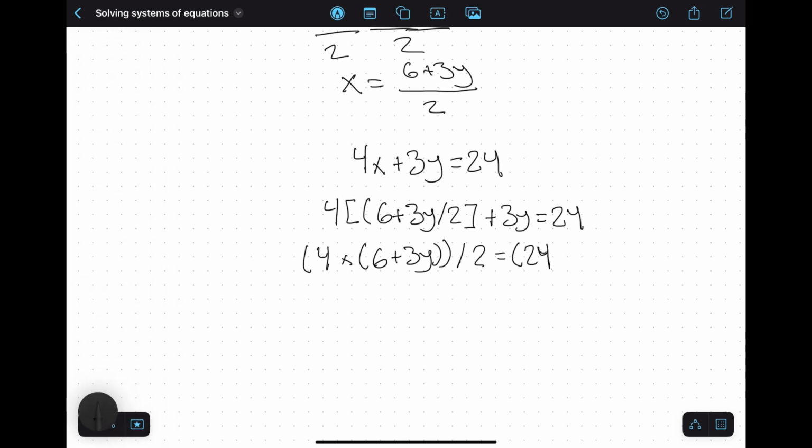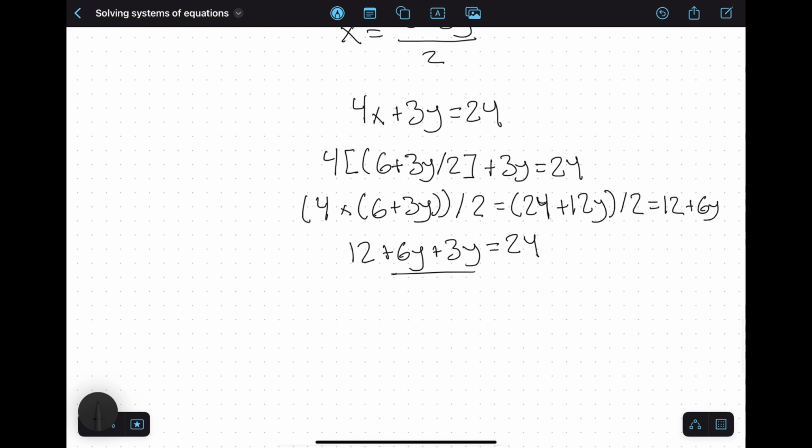24 plus 12y divided by 2 right here is equal to 12 plus 6y. Now let's continue. 12 plus 6y plus 3y is equal to 24.